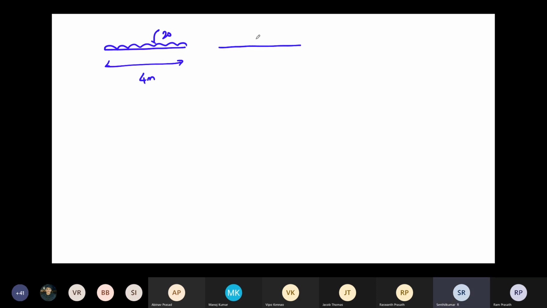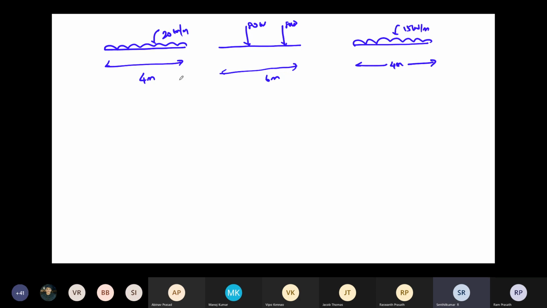And second one, you have 2 point loads at 2 meter intervals, and this is 6 meter. Then again we have UDL as 15 kilonewton per meter, this is 4 meter, right?